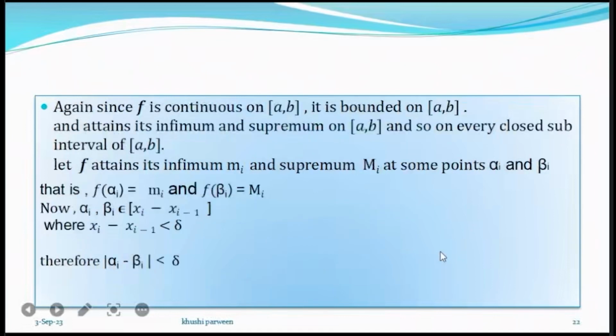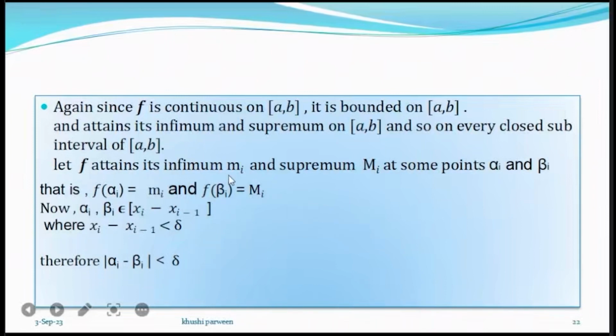Again, since f is continuous on the closed interval [a, b], it is bounded, because every continuous function is bounded and attains its infimum and supremum on a closed interval. And so it also attains its infimum and supremum on every closed subinterval of the closed interval [a, b].